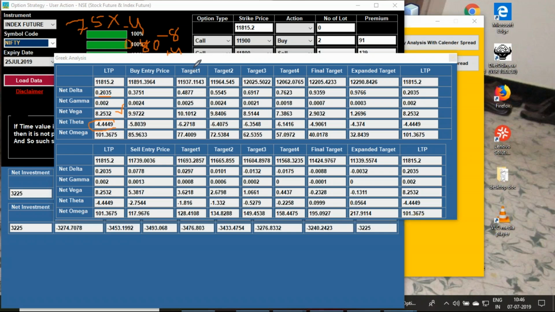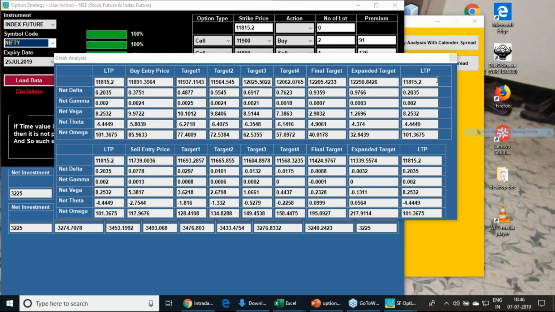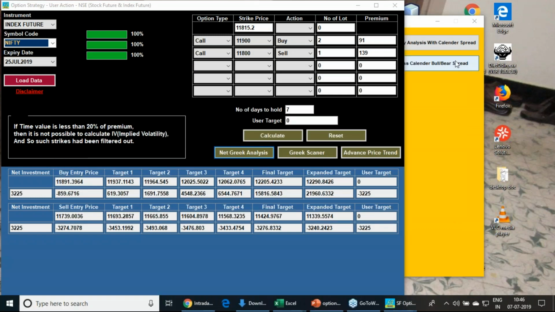So this is the money involved, this money of theta and Vega is going to impact my profitability to that extent.